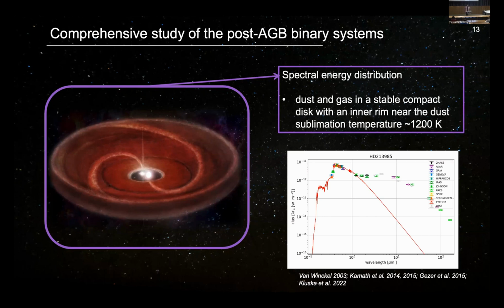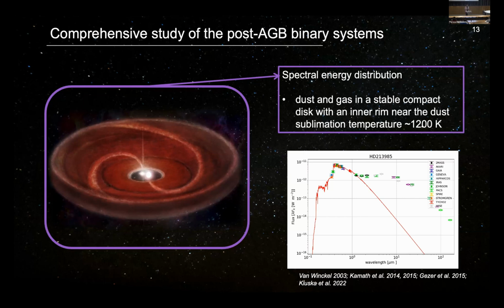Instead of just forming the envelope and going to the planetary nebula stage, it forms a disk. At least some part of the mass that is injected during the AGB phase forms a stable circumbinary disk around the system.